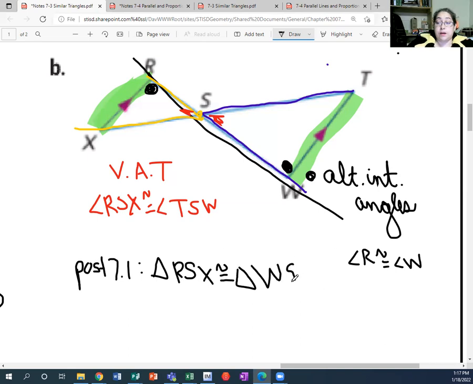Now we do have to be careful about writing these in the same order. And notice how here we had R congruent to W. So those are the two that are corresponding. And so I wrote those two first. And then here I wrote that angle S was congruent to angle S. So we had the same letter. All right, questions?